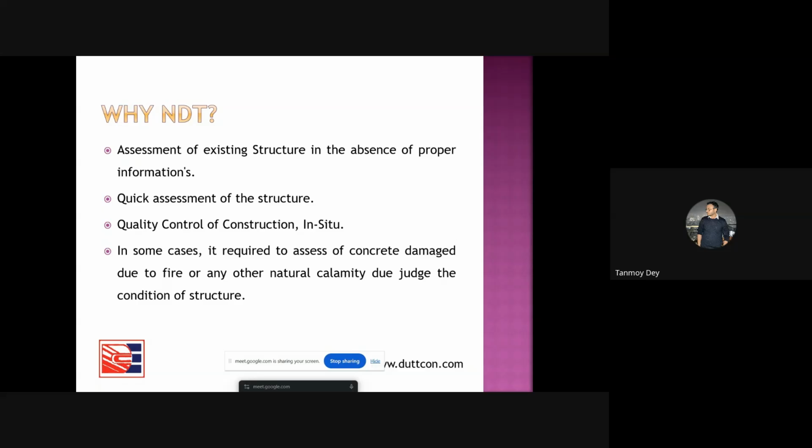At that time, we found so many defects in many flyovers and bridges. We gave our recommendations. And what they did was patchwork and coloring.